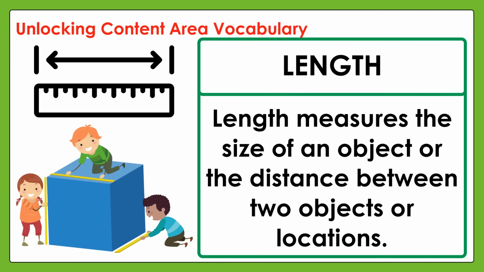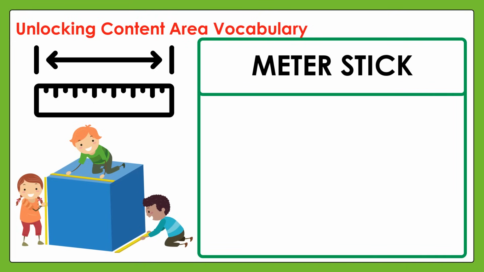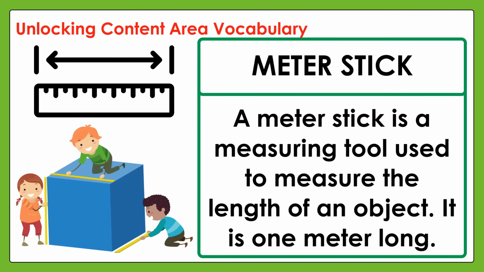First is length. Length measures the size of the object or the distance between two objects or locations. Next is meter stick. A meter stick is a measuring tool used to measure the length of an object. It is 1 meter long.